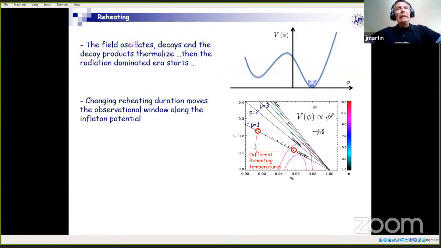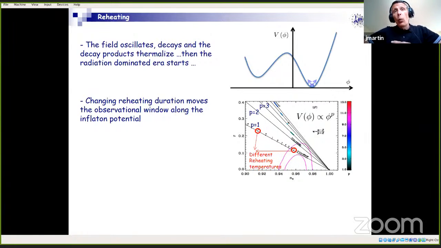So this may be seen as good news, because it means that whatever you have obtained for the power spectrum during inflation, it will not be affected by the reheating, so you can draw some generic conclusions. But on the other hand, it can also be seen as bad news, because it means that you cannot really use the power spectrum, at least on large scales, to learn about the details of the reheating and to learn about the coupling of the inflaton field with the rest of the world.